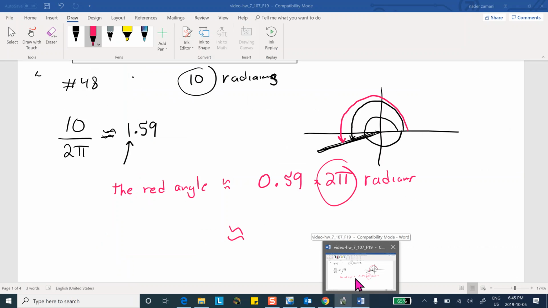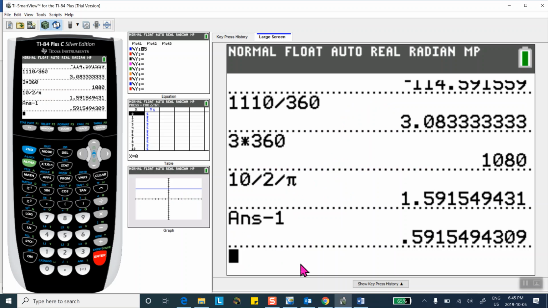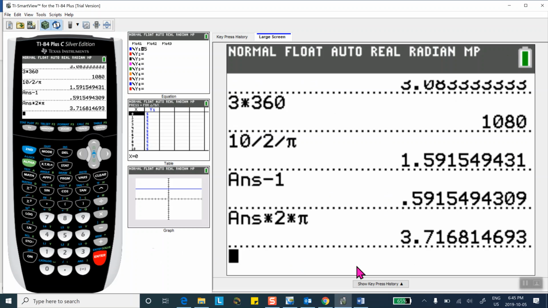So 0.59 of a full cycle in radians, multiplied by 2 pi. So it's approximately 3.7 radians.